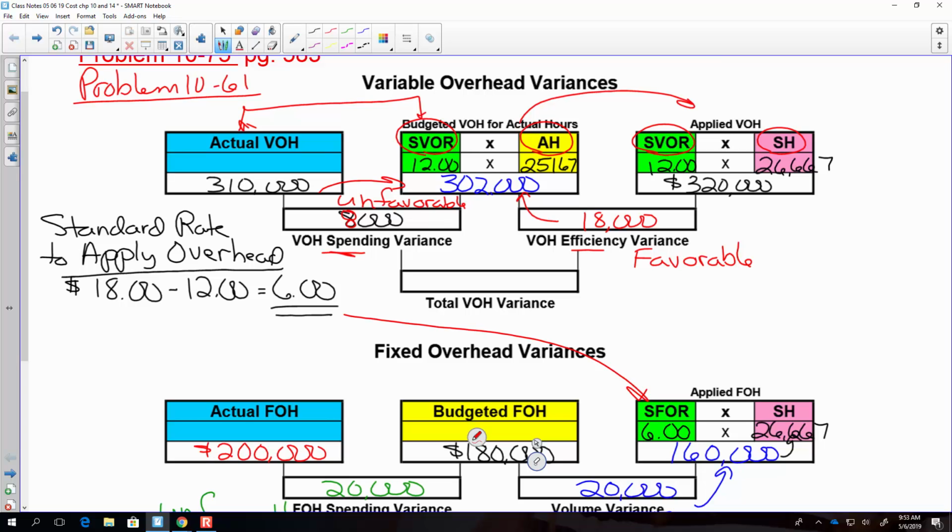So that means it's unfavorable. So if the box on the left is greater than the box on the right, it's unfavorable. Obviously, for revenue it's reversed. If the box on the left is less than the box on the right, then it's favorable. Since I have an unfavorable and a favorable, we can net the two together. It comes out to be 10,000. Favorable is the larger amount.